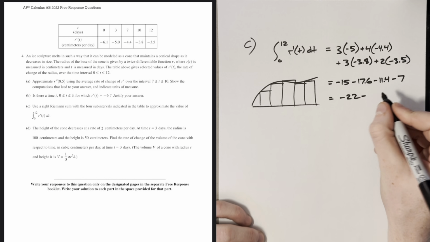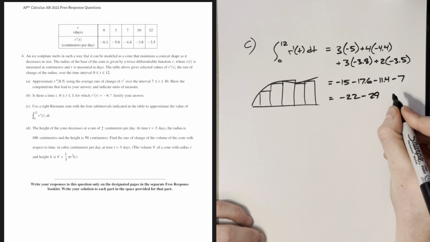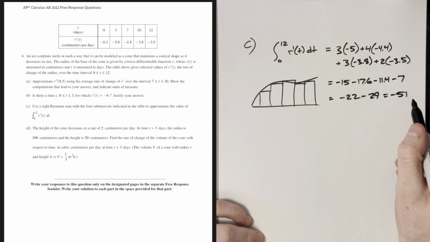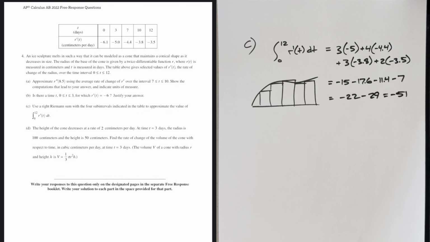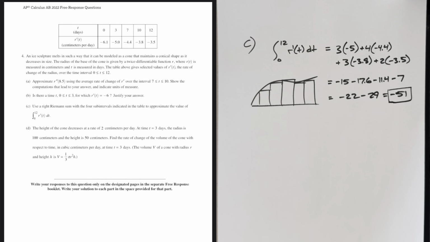Subtracting those two together, it's really like adding them, but that would give us -29, which is equal to -51, which would be our approximate value for the integral from 0 to 12 of r prime of t.